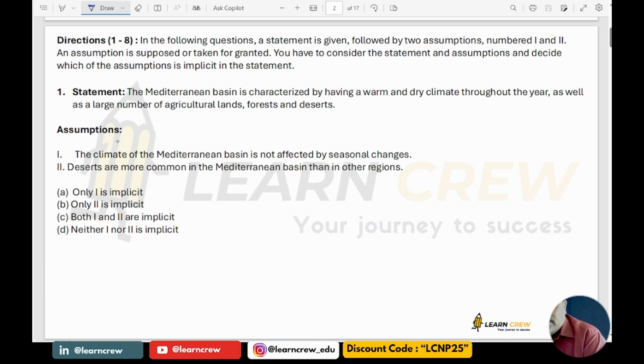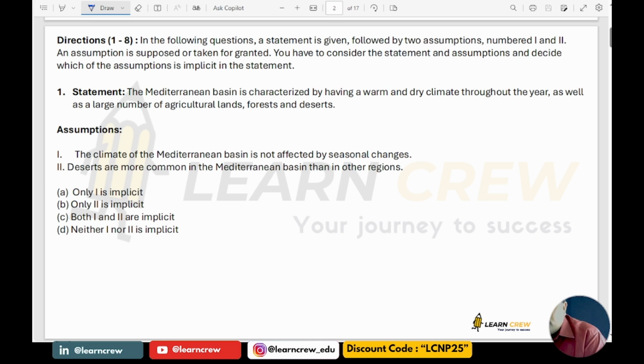So here the second one, deserts are more common in the Mediterranean basin than in the other regions, because here the Mediterranean basin is characterized by having a warm and dry climate throughout the year.